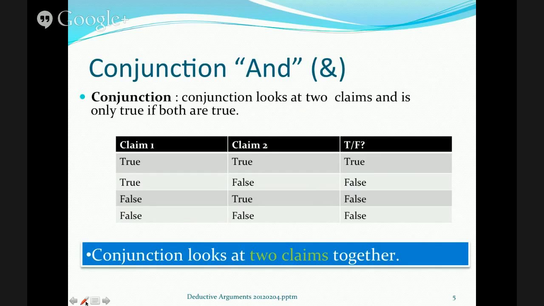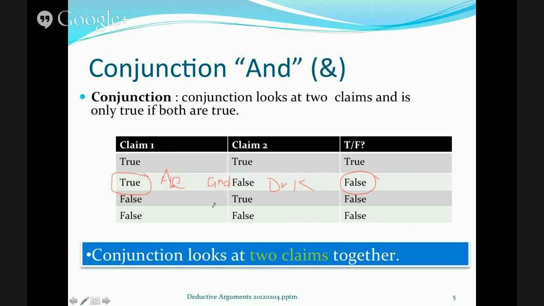So what that means is that in that case, claim 1 is true about Abe. But claim 2 is false about Dr. K. So the result is that the two together is false. If we have the word and here, we're joining them.